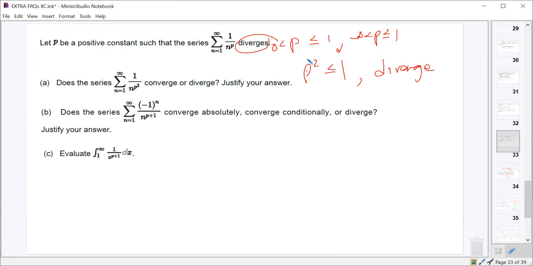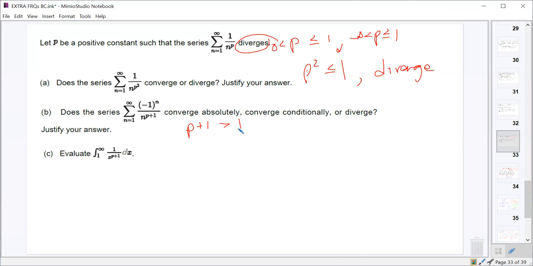Then for part B, we want to know if the series from n equals 1 to infinity of negative 1 to the n over n to the p plus 1 converges absolutely, conditionally, or if it diverges. We should know a few things already. If 1 over n to the p diverges, that means p was between 0 and 1, which tells us that p plus 1 must be greater than 1, guaranteed.